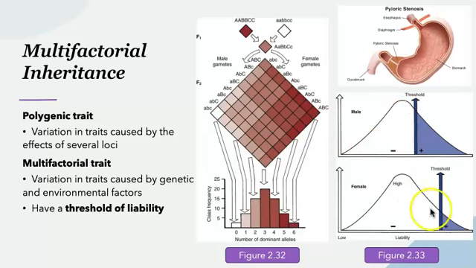Now, what we're seeing over here is something called threshold of liability, and this has to be crossed sometimes before a disease is developed.